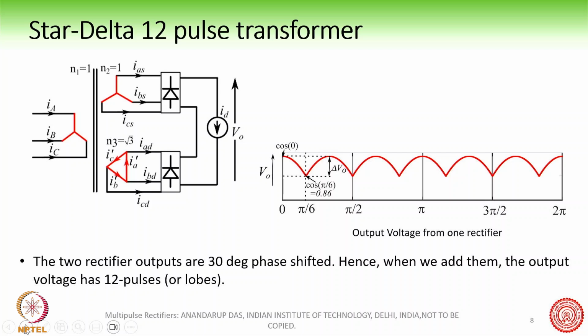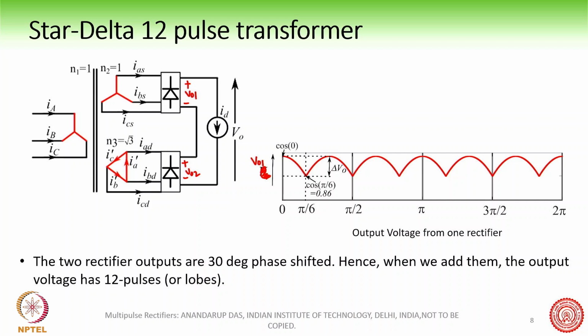Now the output of the second rectifier. So this is V01 and this is V02. Instead of writing V0, we can write V01 here. This is the output of the first rectifier, which is connected in star. Now what is the waveform of V02?